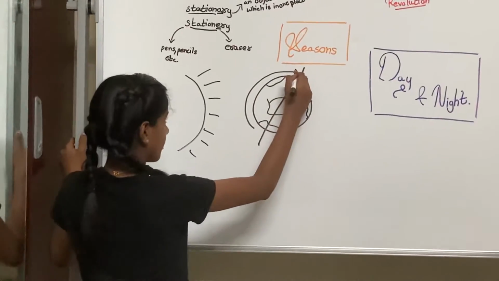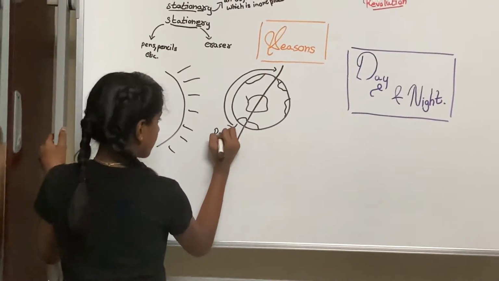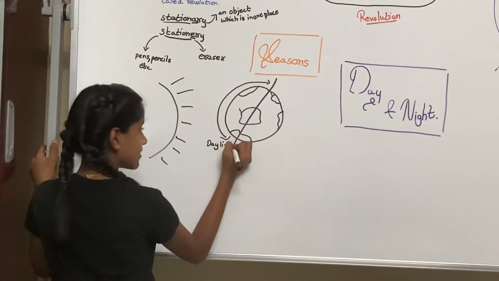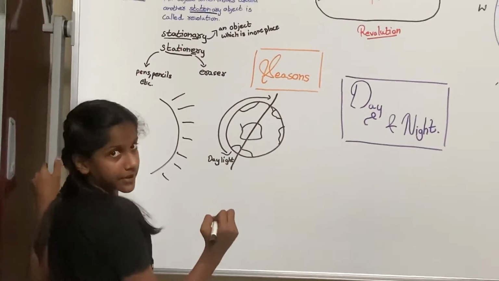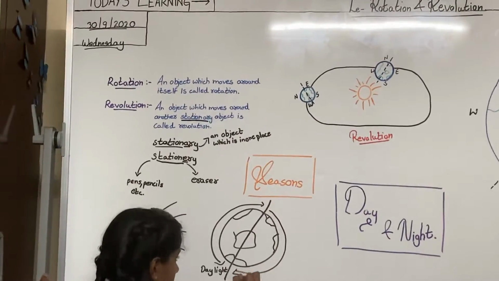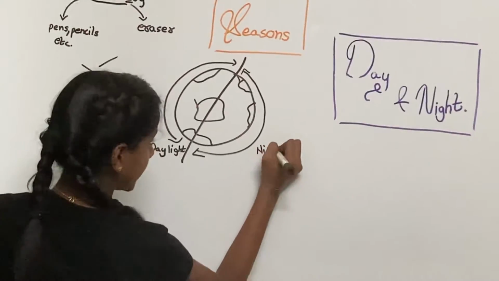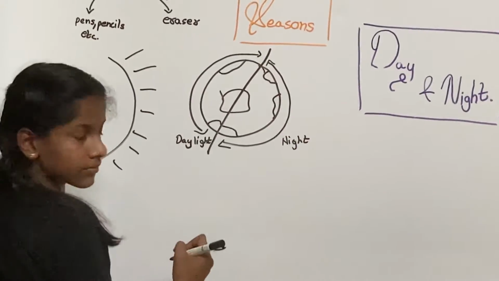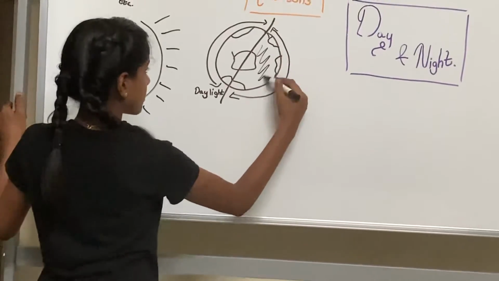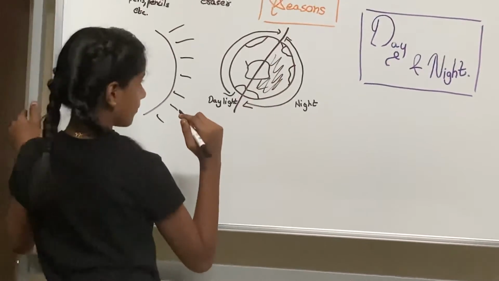This part from here to here receives daylight, which means it is daytime here, and the part from here to here receives night. Okay, so here it's night and here it's day.